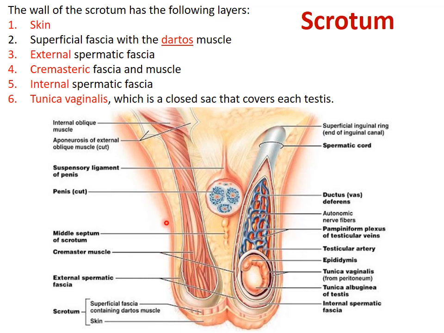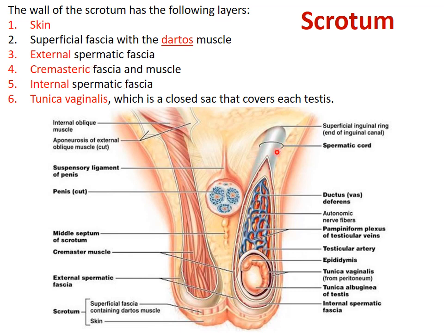The dartos muscle is present in the deeper layer. So below the superficial fascia, you have got the dartos muscle. The dartos muscle also helps in the contraction of the scrotum. But the dartos muscle is below the superficial fascia of the skin. It is not a part of the spermatic cord.